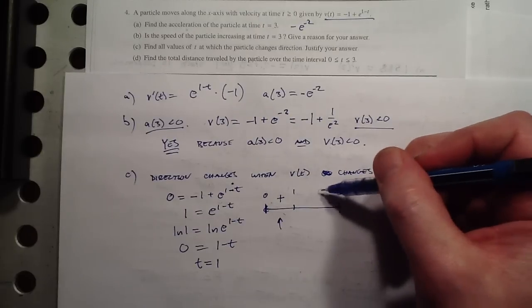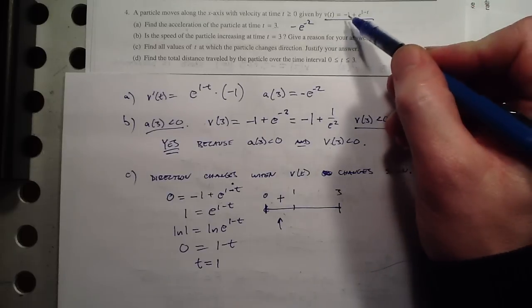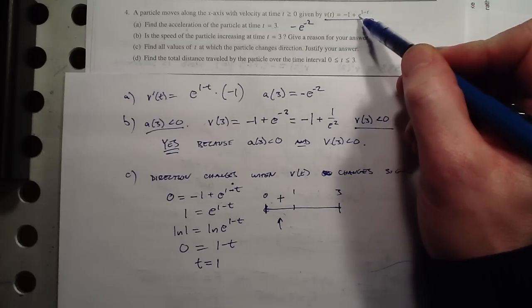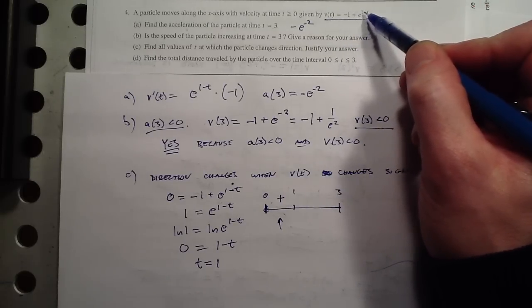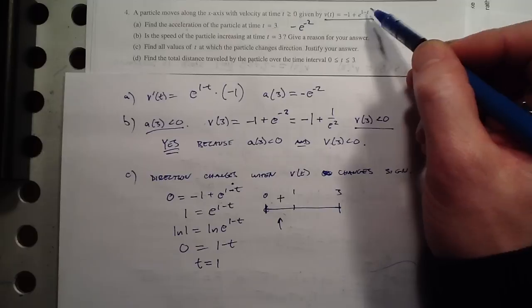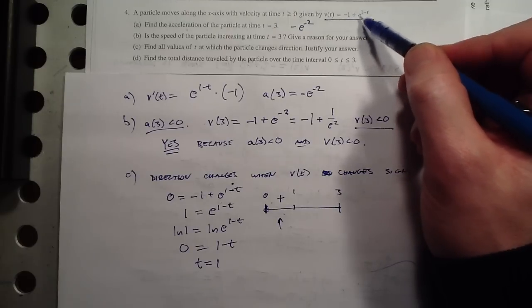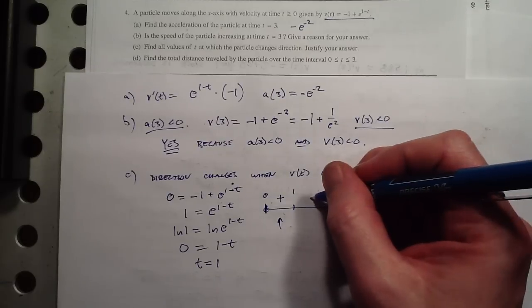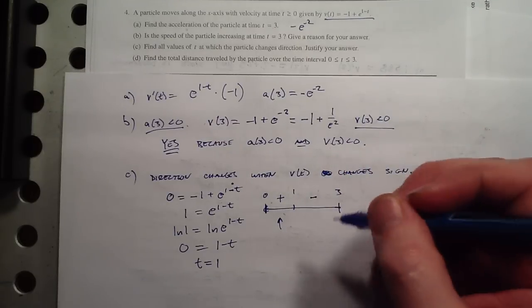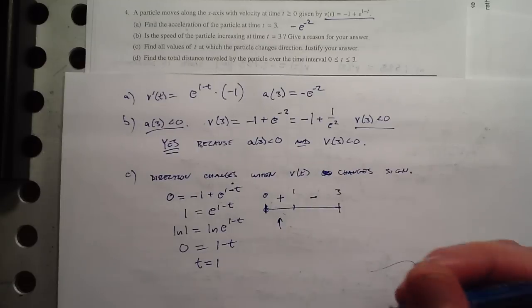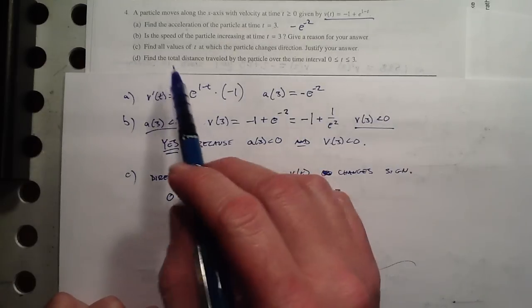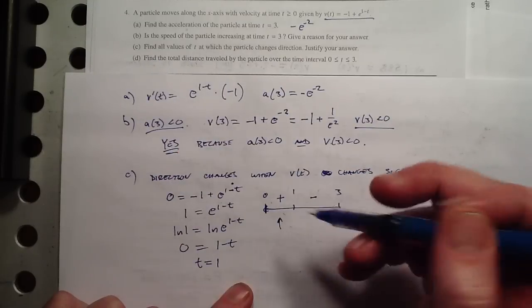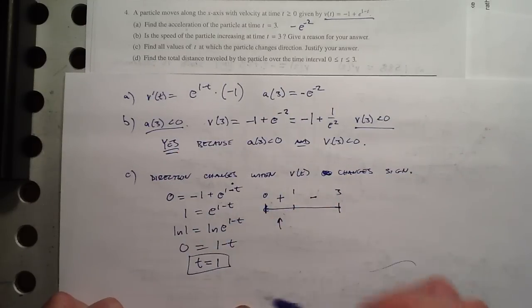And then if I plug in a number like 2, you get negative 1 plus e to the 1 minus 2. 1 minus 2 is negative 1. E to the negative 1 is about 1/3. So negative 1 plus 1/3, that's negative. So yes, find all values of t: t equals 1.